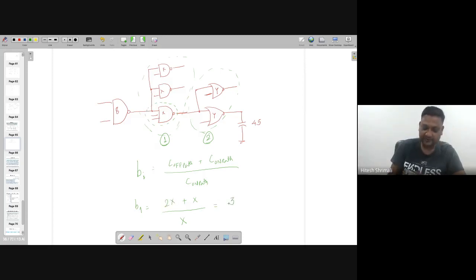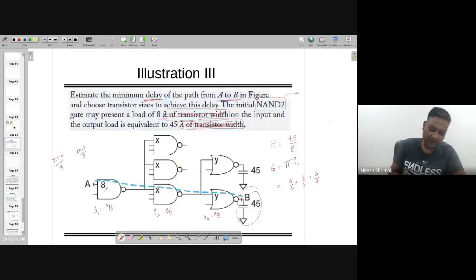Similarly, if you apply the same theory here, b2 is equal to nothing but on path is y and off path again y. So y plus y divided by y is going to give you 2. So I know that b, which is the multiplication of all such numbers, is going to be equal to 2 multiplied by 3, that is 6. So you can have b is equal to 6.